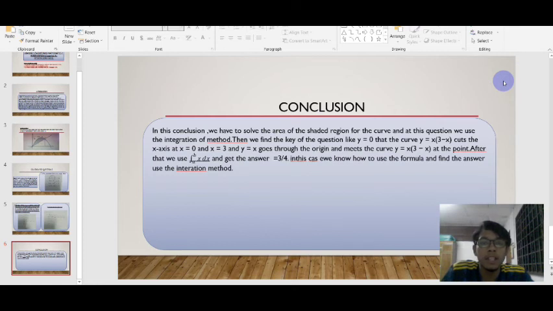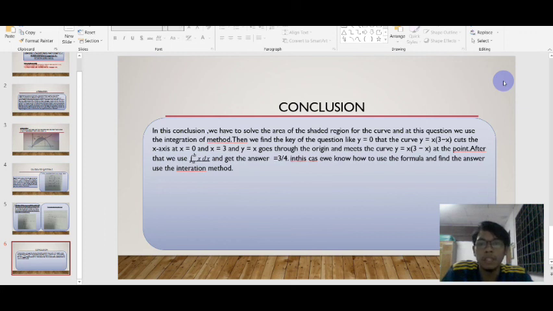Then we find the key of the question: the curve y = x(3 - x) meets the x-axis at x = 0 and x = 3, and y = x goes through the origin and meets the curve y = x(3 - x) at the point P.